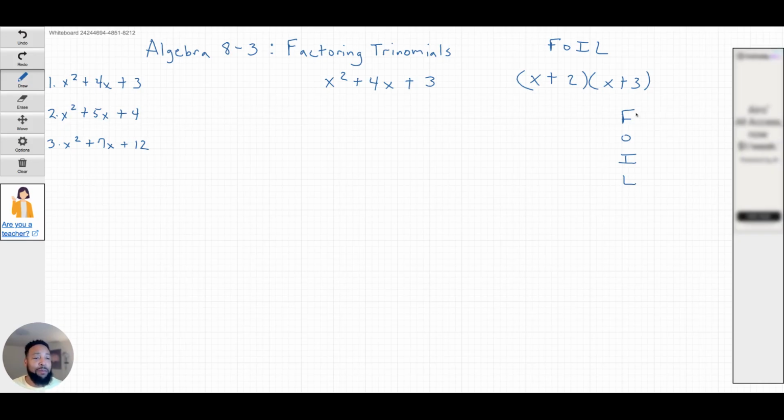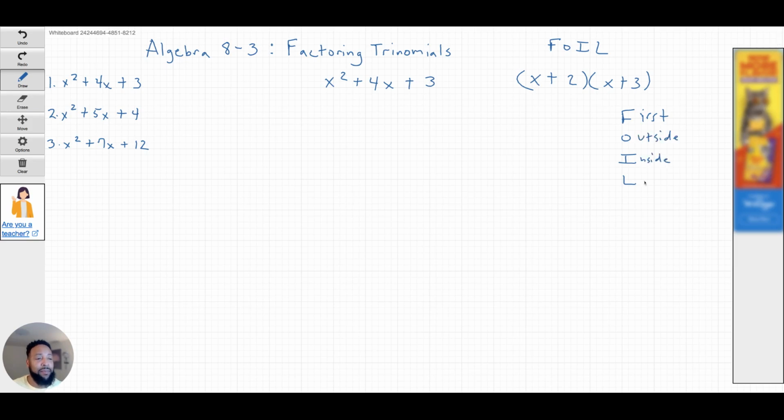So the FOIL method, in order to multiply two binomials, is first, outside, inside, last. So basically, the FOIL method shows you what terms you're going to multiply by in order to find your answer when you have the product. And I'm going to show you what that means when it comes to trinomials. So let's do the FOIL method with this problem.